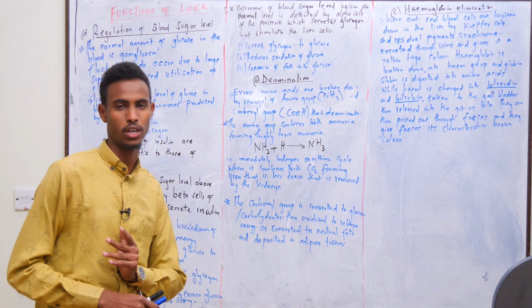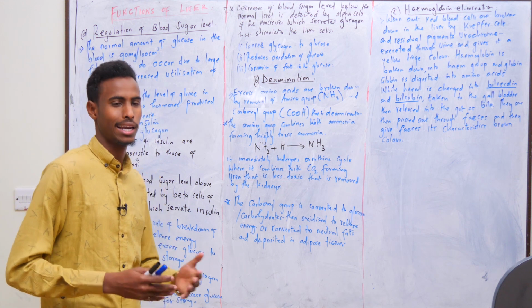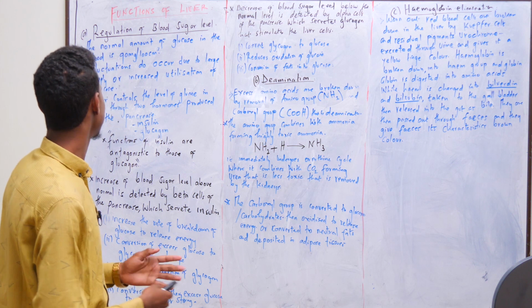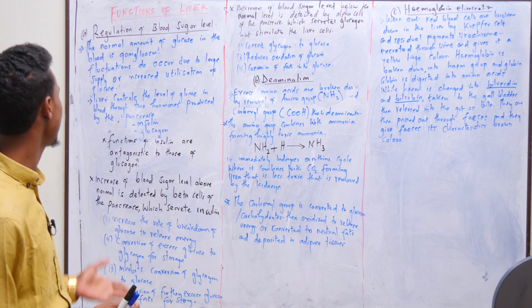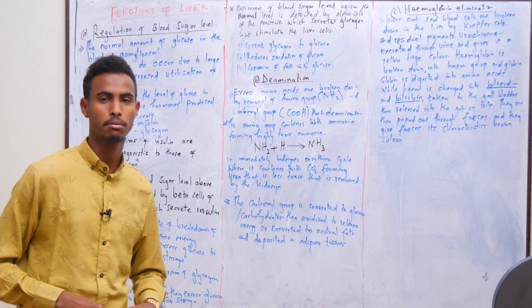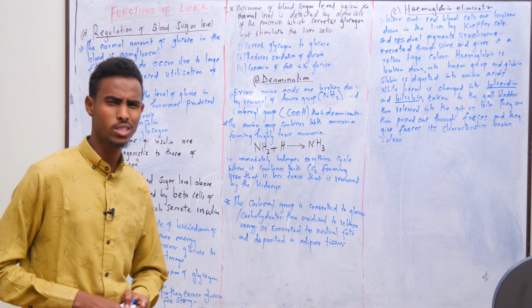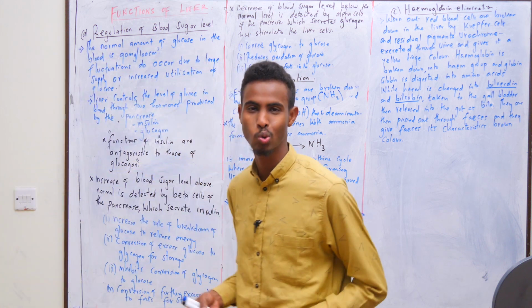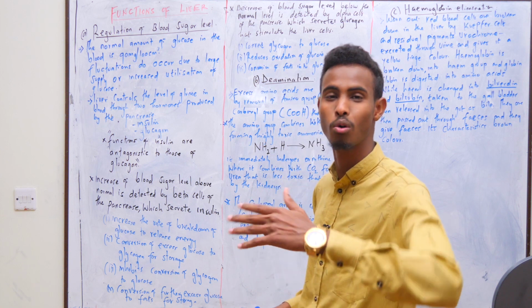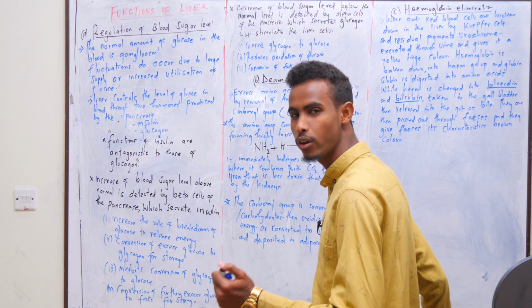Now class, functions of the liver. Let's start with the first function of the liver: regulation of blood sugar level. We know, class, that the normal blood sugar level is 90 milligrams per 100 cubic centimeters. Fluctuations do occur, so the blood sugar level can go beyond the normal and can go below the normal.